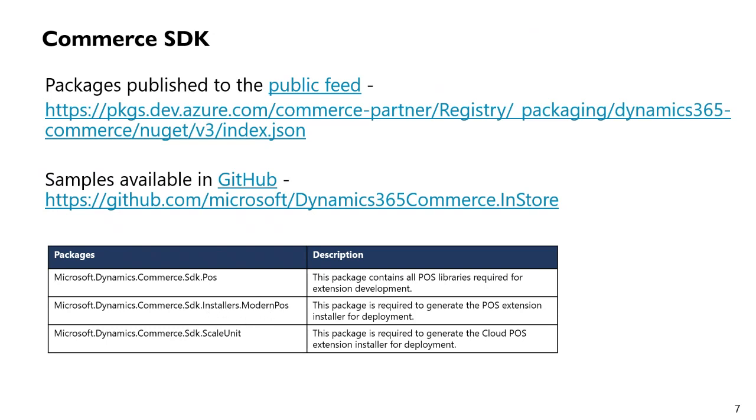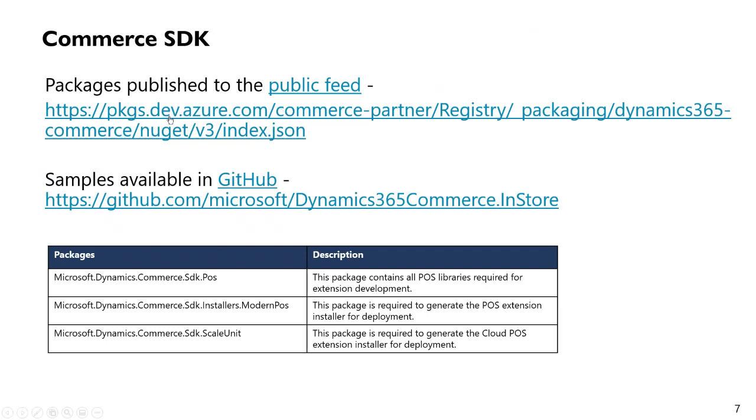This is for on-prem. Suppose you say, hey, no, I don't have on-prem, I'm doing everything in cloud point of sale, I want to deploy just to the cloud, then you will use this package type to generate your deployable package. So these are the 3 main packages you would need for your development.